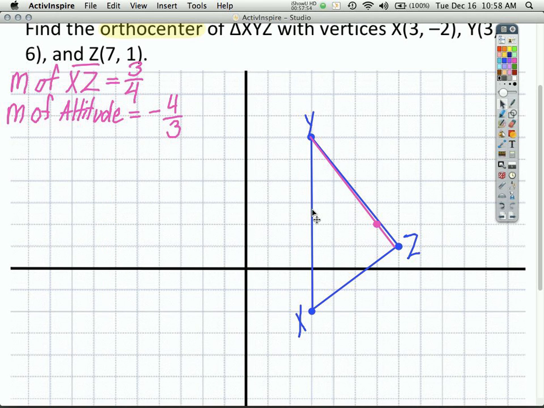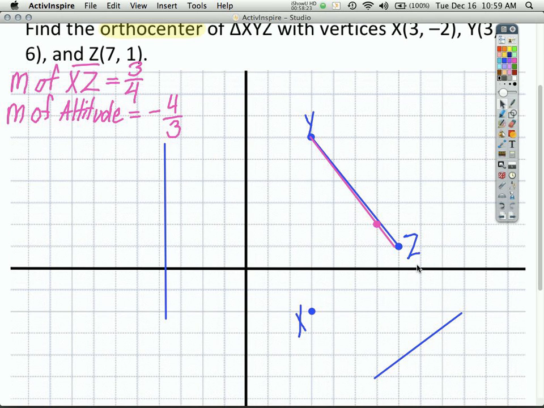But to find the orthocenter, we need another altitude. So let's do this again, except let's use x and yz.